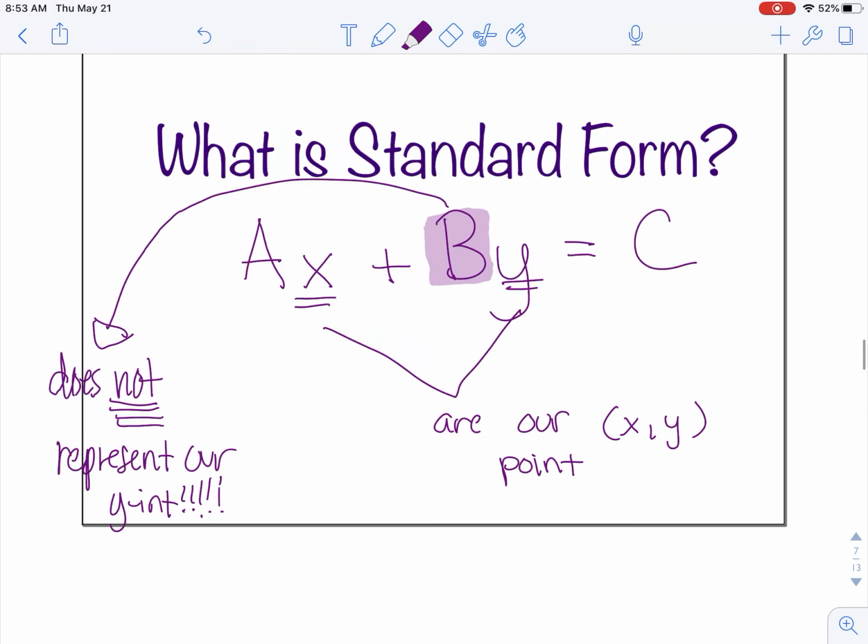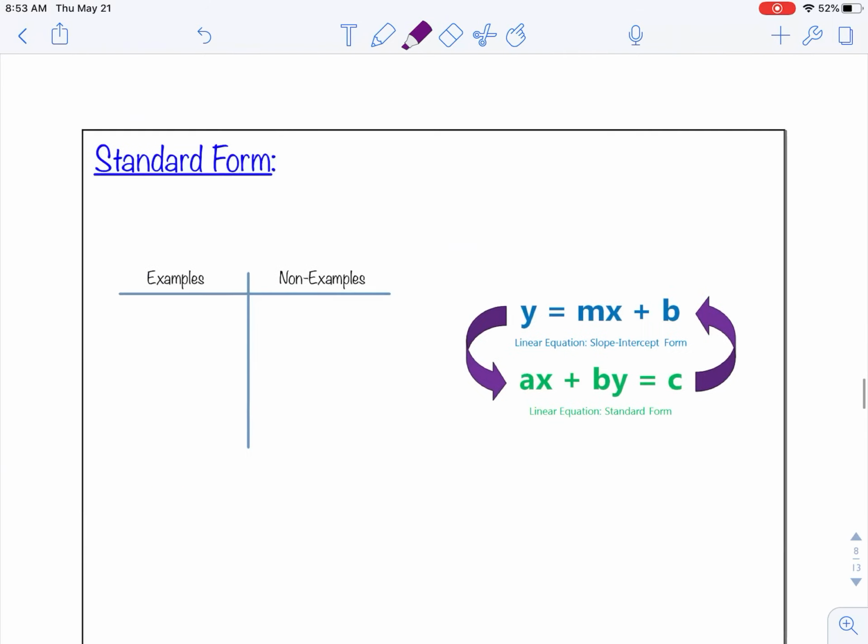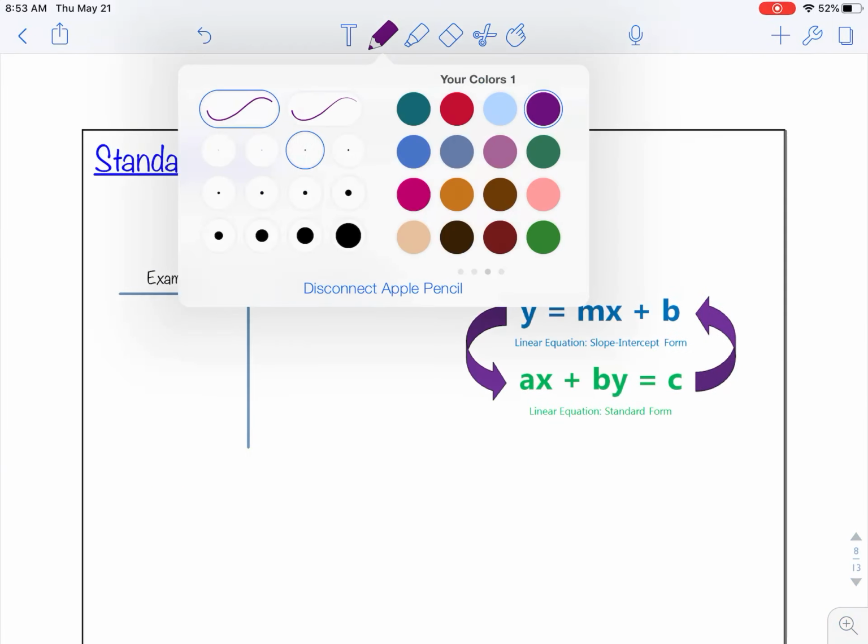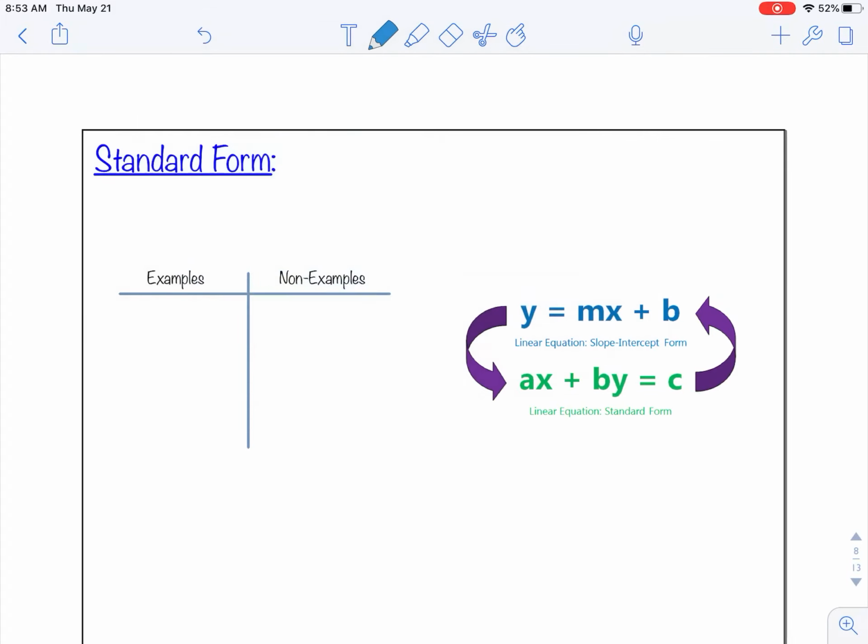So we have standard form, AX plus BY equals C. Standard form, again, AX plus BY equals C. A is the coefficient of X. It is not the slope.